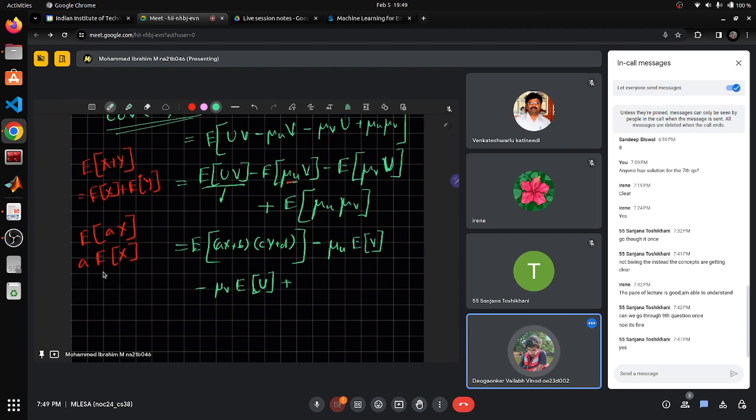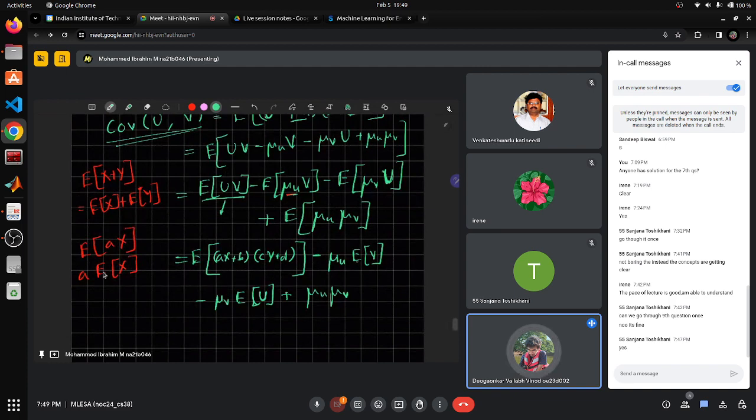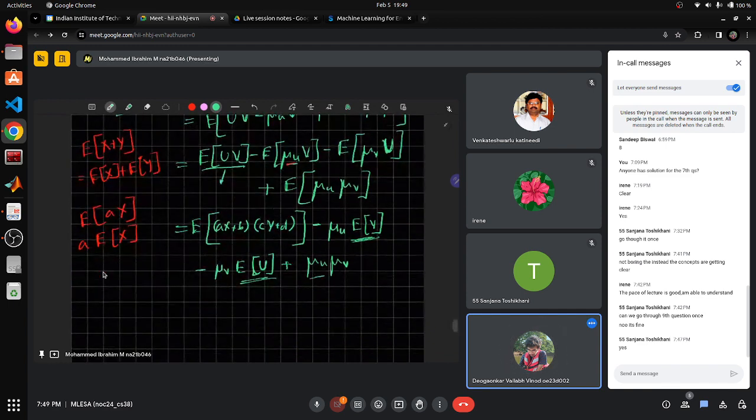So expectation of these two constant terms is just the product of those terms. So you end up getting this. And in the previous part of the questions, we have already calculated expectation of u, expectation of v, mu u, mu v.